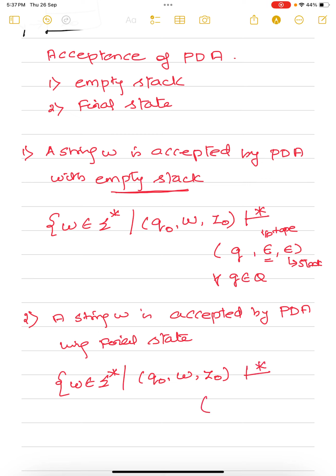After one or more transitions, we arrive at QF, epsilon, Z0, where QF belongs to the final states, and Z0 refers to the bottom of the stack.